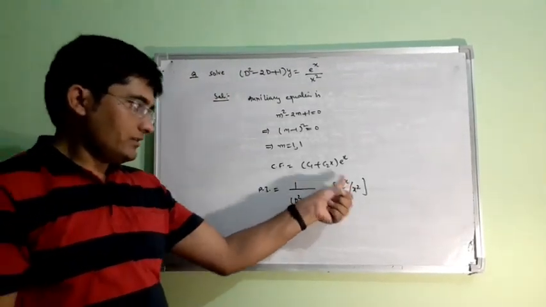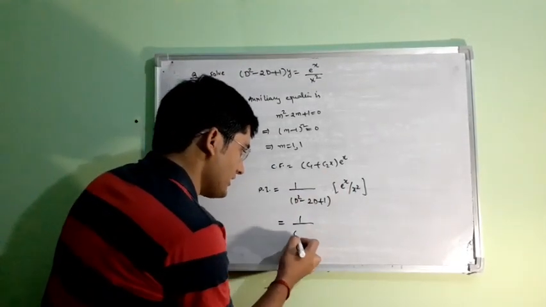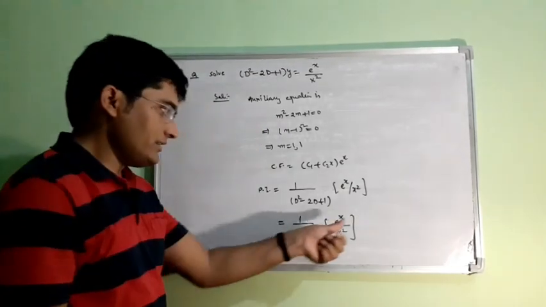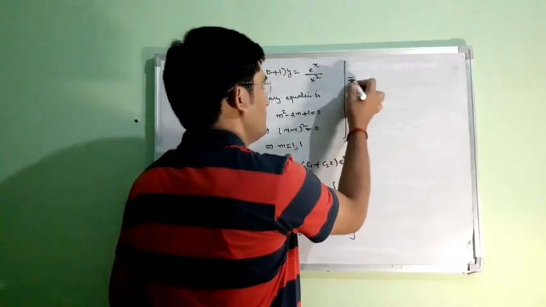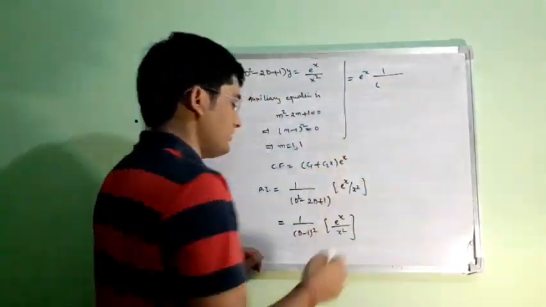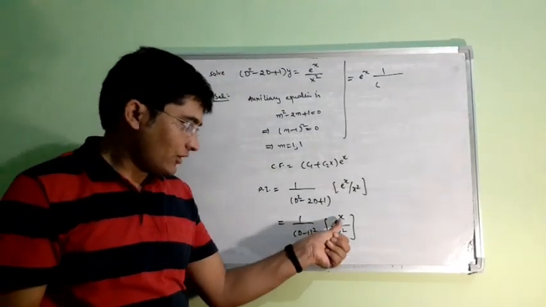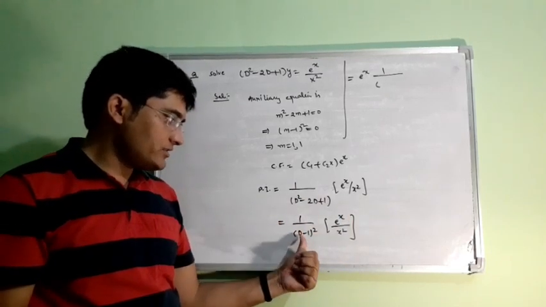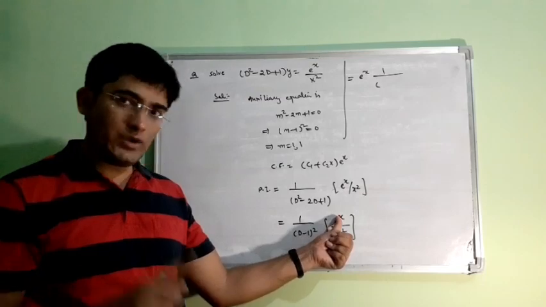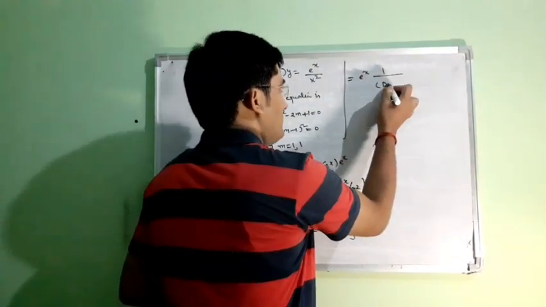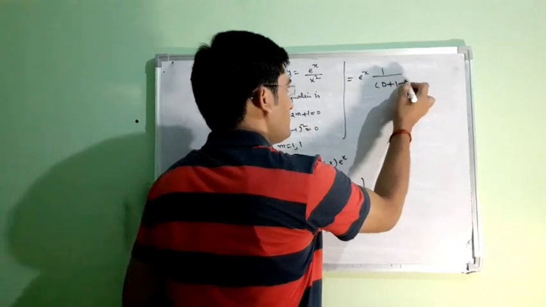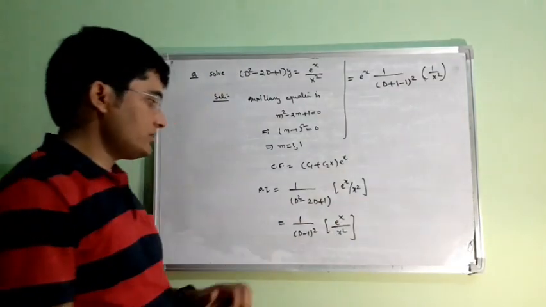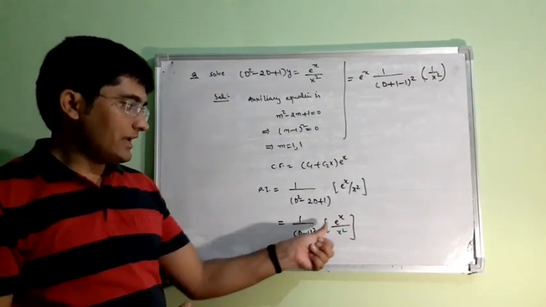Now this term can be written as 1 upon (D minus 1) whole square, and in the bracket we have e to the power x upon x square. Now taking this e to the power x outside, our D will be replaced by D plus a, and here a is 1.